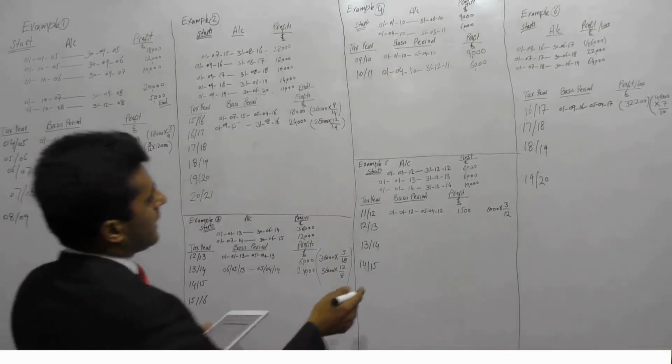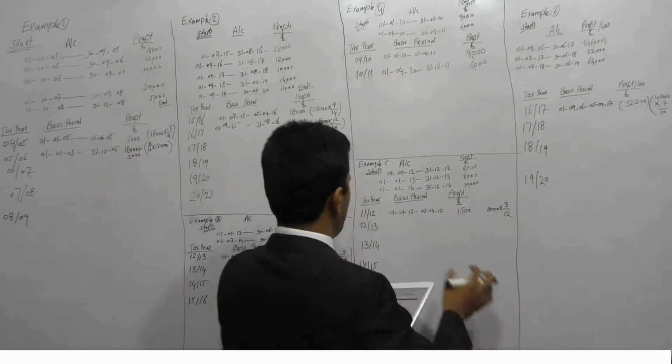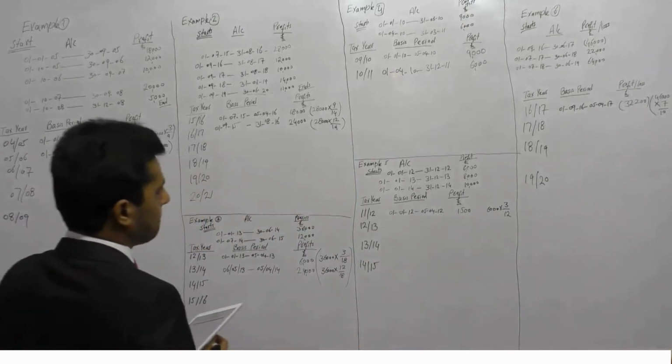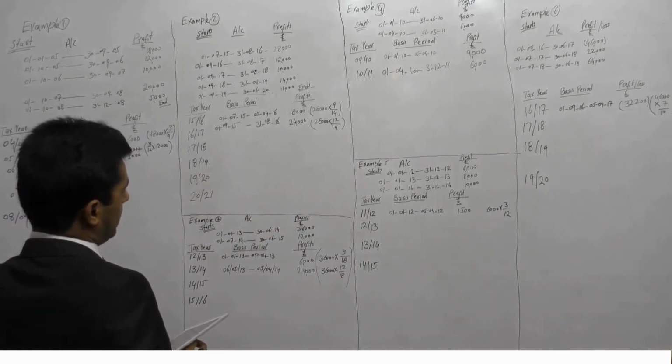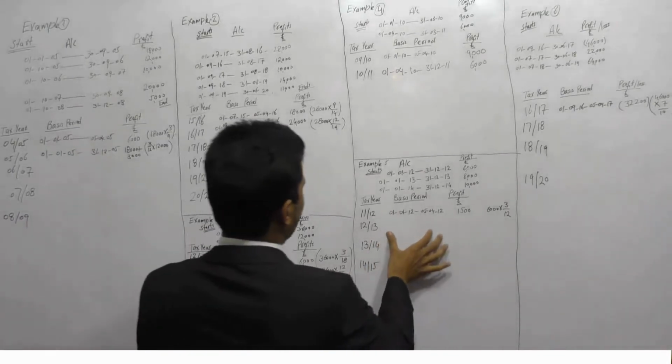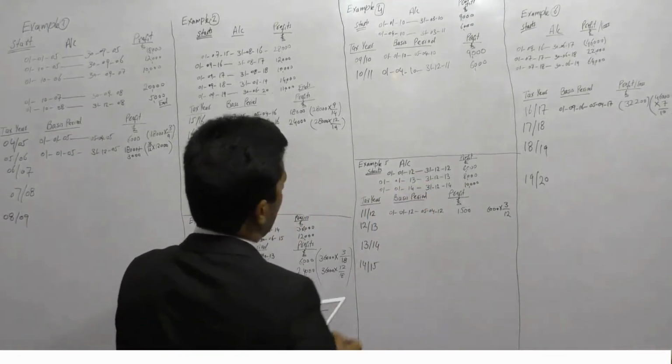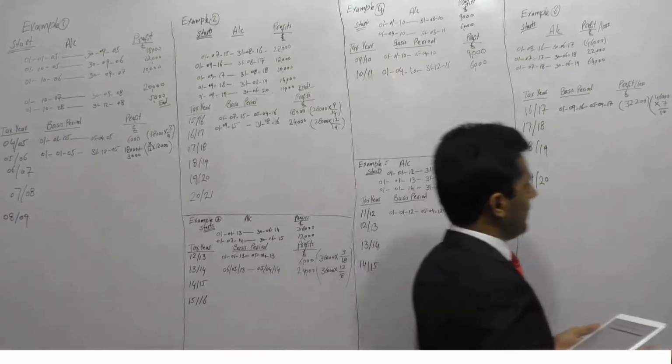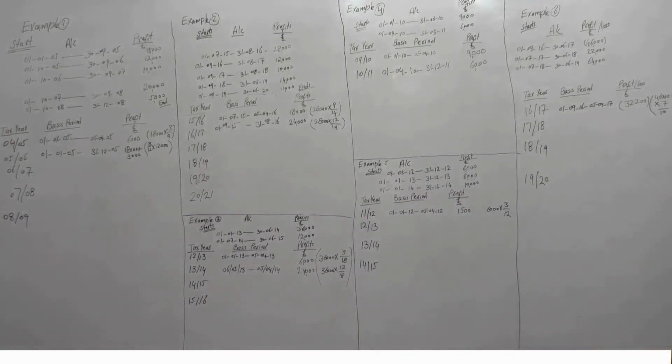Right then, next example, which is example number 5, we are doing the second basis period. The second basis period will depend on how long our first accounting period is. Now if our first accounting period is exactly 12 months, then our basis period is going to be exactly the same as the accounting period.